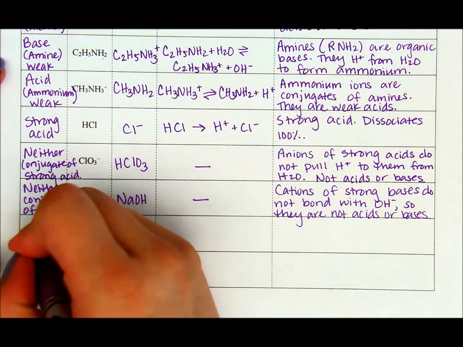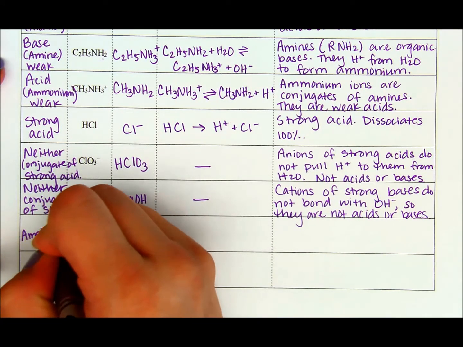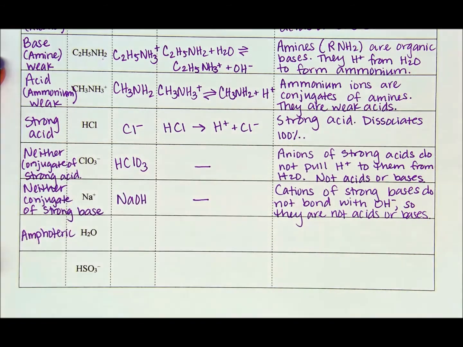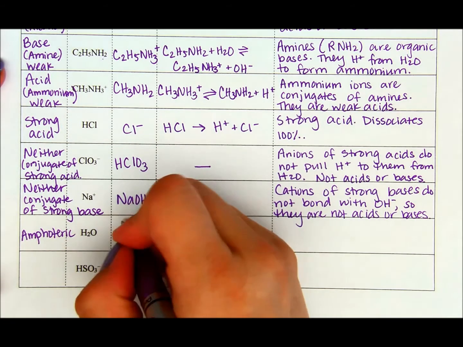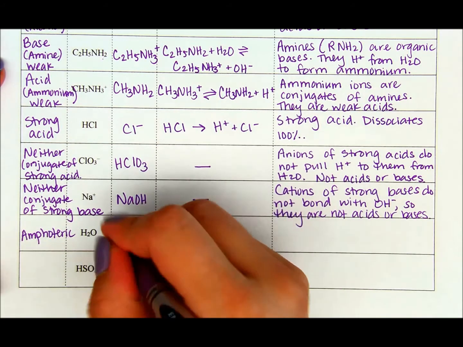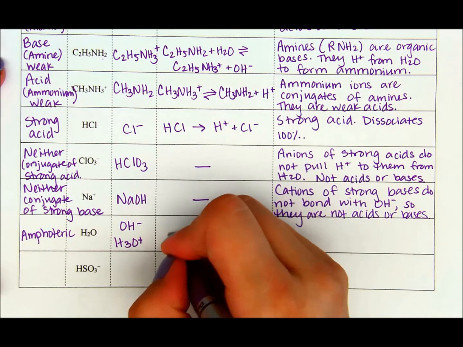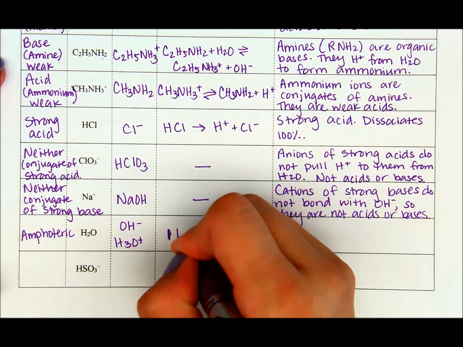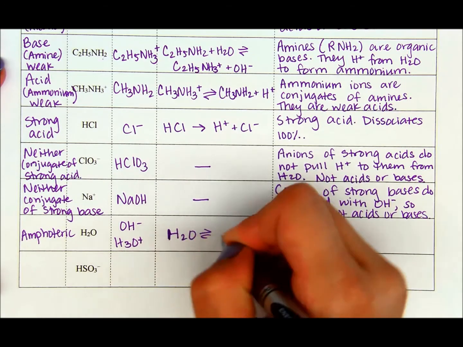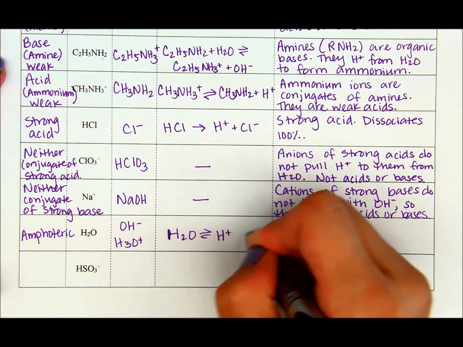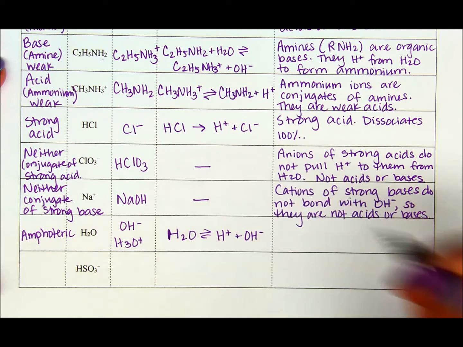Okay, H2O, as we talked about before, that's amphoteric. Amphoteric means it can go either way. It can be an acid or a base. So the conjugate's either OH- or H3O+, depending. Here, your reaction is H2O, and that's just the auto-dissociation of water, auto-ionization of water.